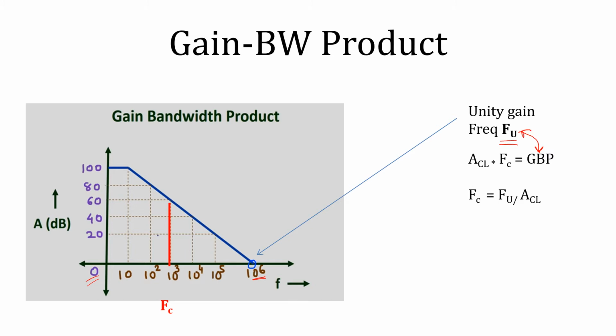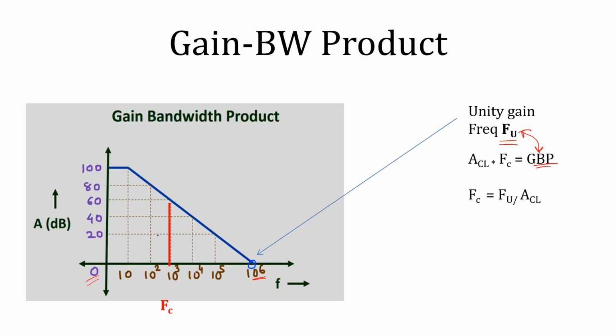Numerically this value is equivalent to the unity gain feedback frequency, that is, the frequency above which our gain is 1, up to where we can operate, the maximum frequency. That will be ultimately your gain bandwidth product in terms of numerical values. So here the numerical value is 10 raised to power 6.